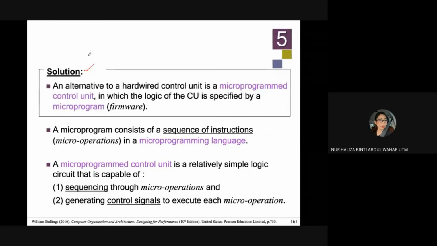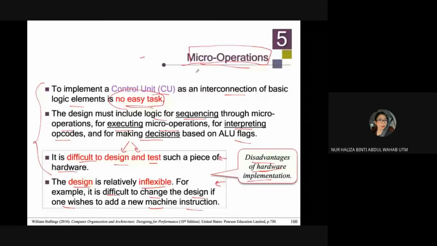So the solution and alternate of your hardwire control unit is your microprogram control unit, in which your logic of CU is specified by your microprogram, or we call as a firmware. Firmware over here, that's why this is the solution for your problem.